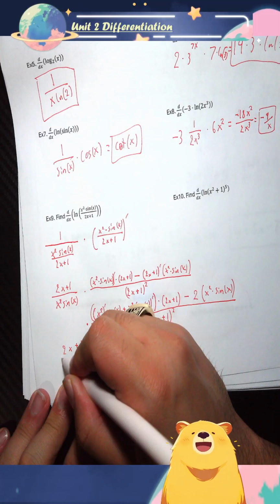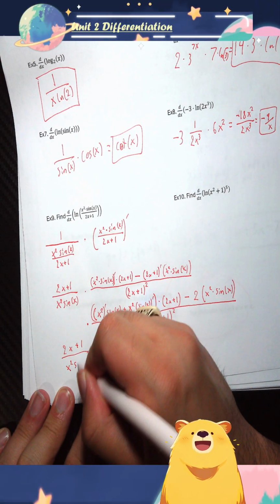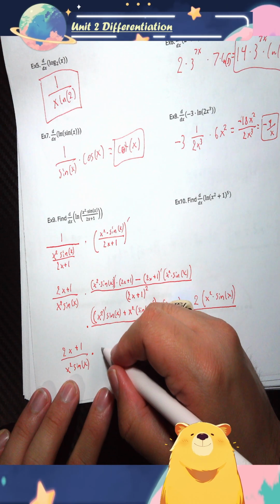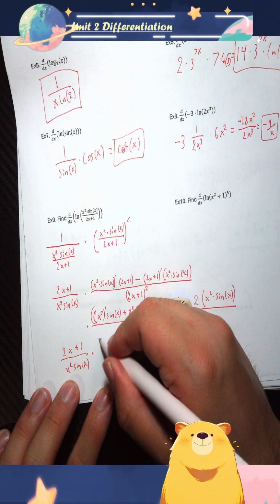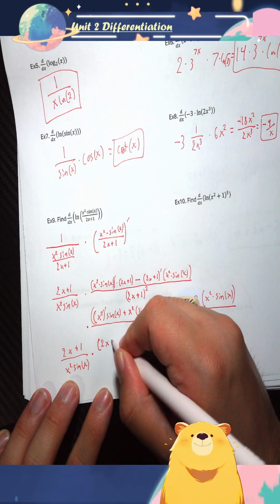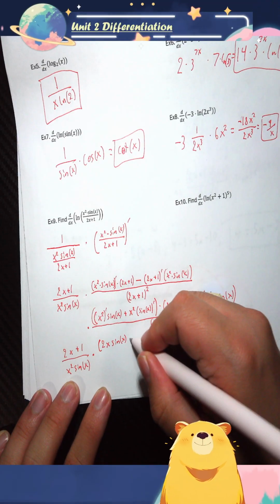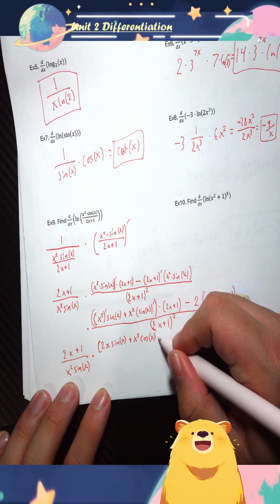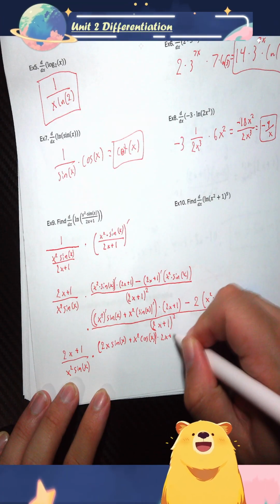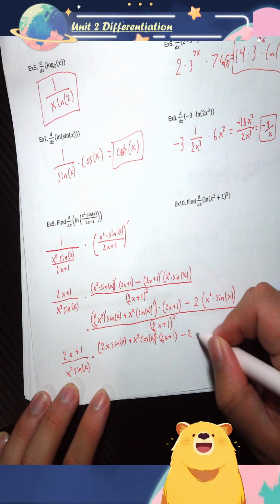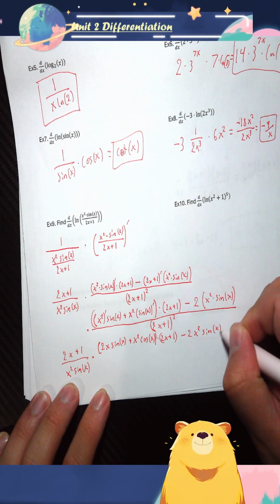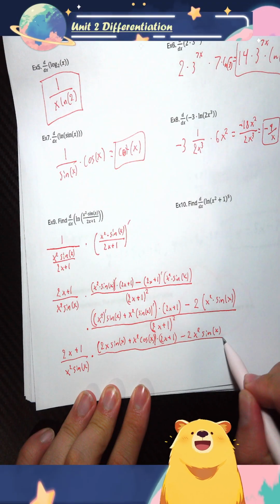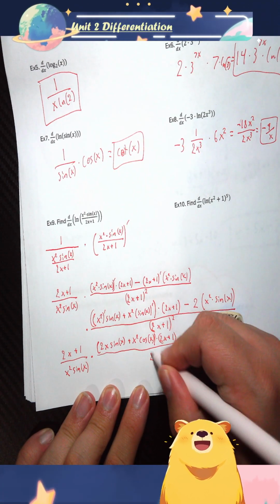2x plus 1 over x squared sine of x is equal to 2x sine of x plus x squared cosine of x, close parentheses, times 2x plus 1 minus 2x squared sine of x, all over 2x plus 1 squared.